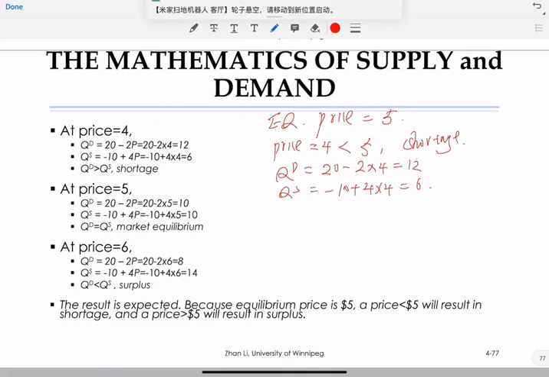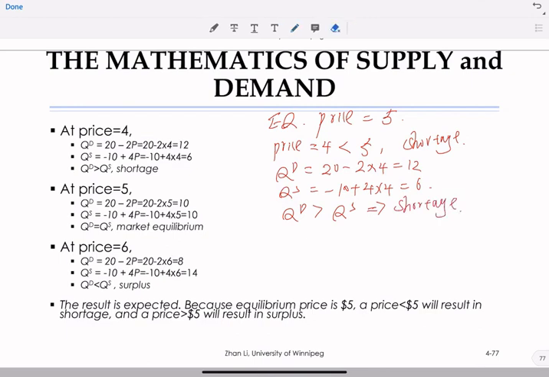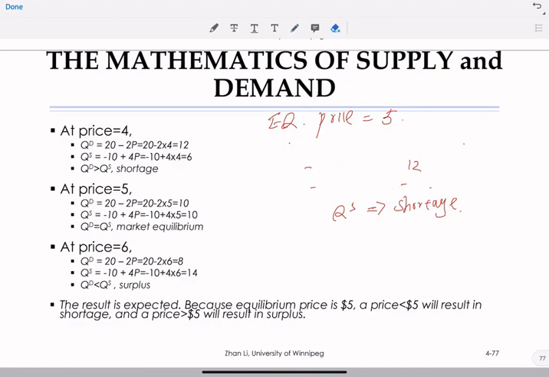So you can see that QD is larger than QS, right? So in this case, because quantity demanded is larger than quantity supplied, we can see that there is a shortage. And similarly, we could examine the case of surplus.